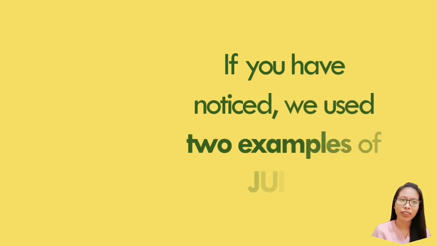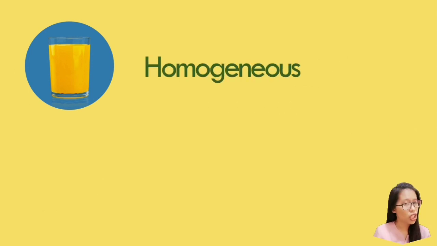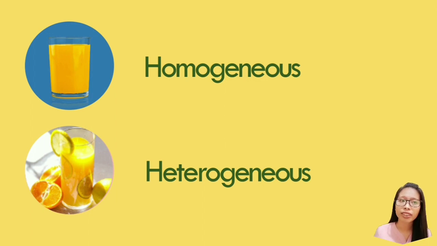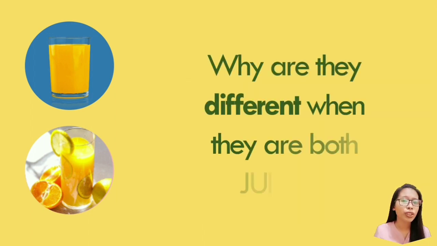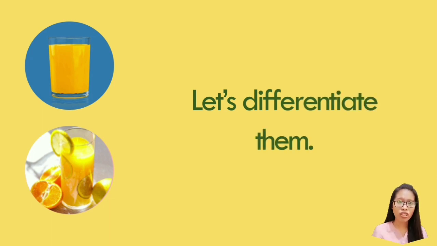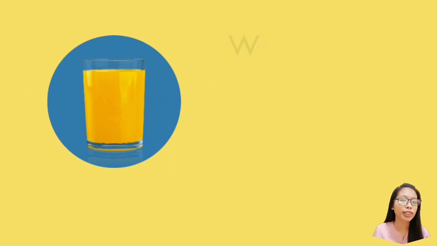If you have noticed, we used two examples of juice. One is considered homogeneous, while the other one is heterogeneous. Why do you think so? Why are they different when they are both juices? Let's differentiate the two mixtures. The first one has a uniform appearance.